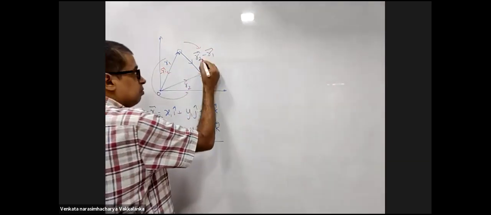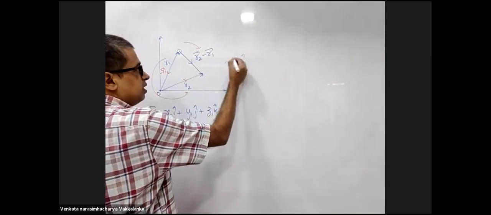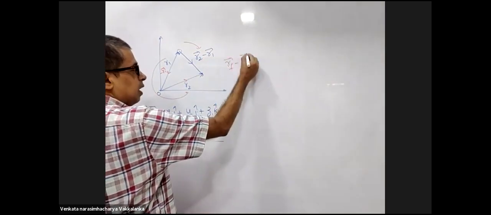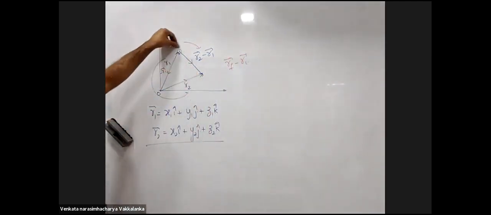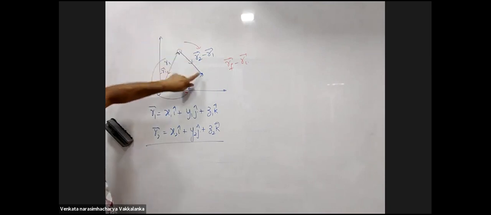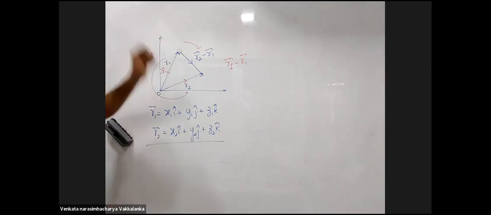How do you want me to remember that? R final minus R initial. The final coordinate minus the initial coordinate. Right? And what will that be equal to?